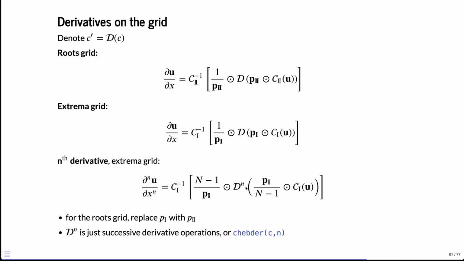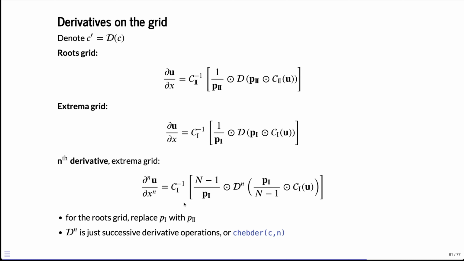So this D is going to be literally implementing the Chebyshev on the result of this expression. Then you multiply it by this, and then undo it with the inverse. And you'll notice here I just kept the n minus 1s shown explicitly. Okay, that's for the extrema grid.